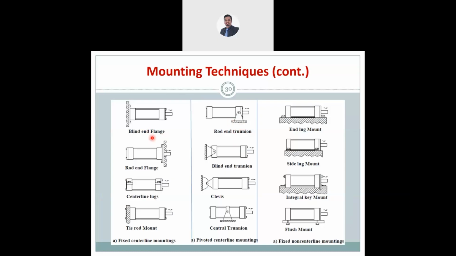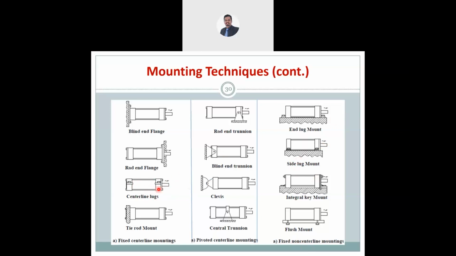So you can see here, it's all based on the same thing. So different types of fixed centerline mounting. This one is more or less the same way, but mostly it will be normal to the surface. This one may be a different kind of fixed centerline, but for me it's more like fixed non-centerline. Maybe this one can be put here because it's parallel to the surface.